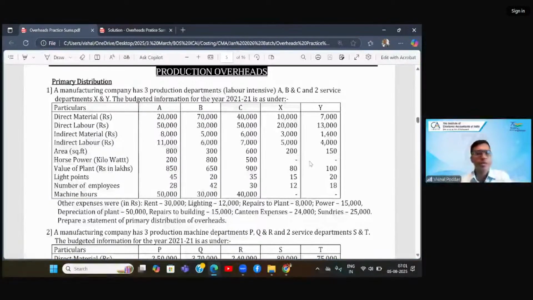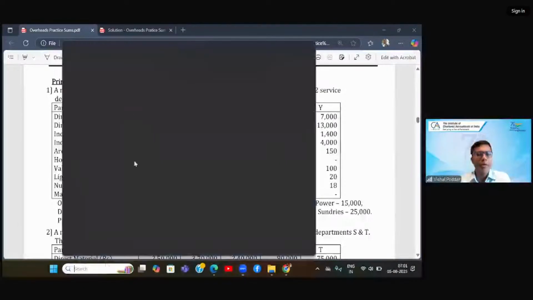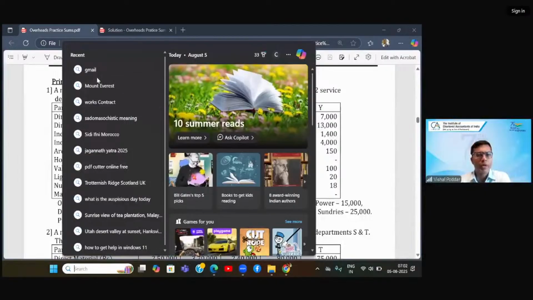So students, let us start with what we were studying. In the previous class, if you all remember, we completed the first aspect in overheads, that is the primary distribution of overheads.